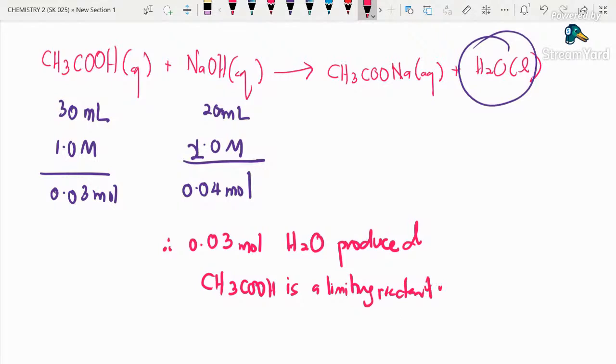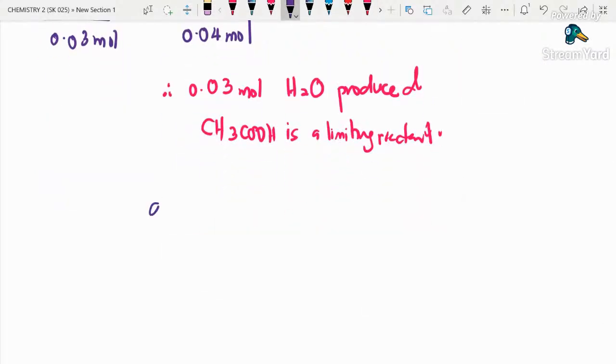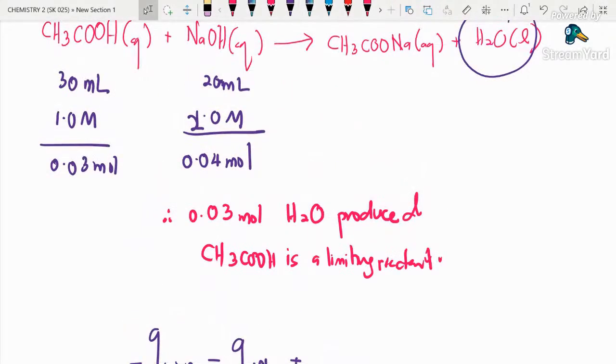Alright, now barulah kita balik kepada kita punya assumption yang asal-asal. Q reaction, which is the neutralization, is equal to heat absorbed by water plus heat absorbed by calorimeter. Since we don't have the information for the calorimeter, okay, mana nak dapat mass of water? We know that when we combine this, kita akan dapat 50 ml of water.